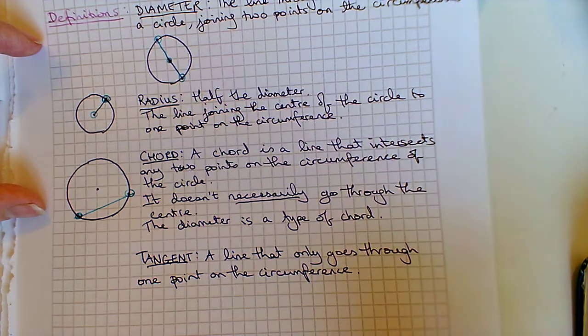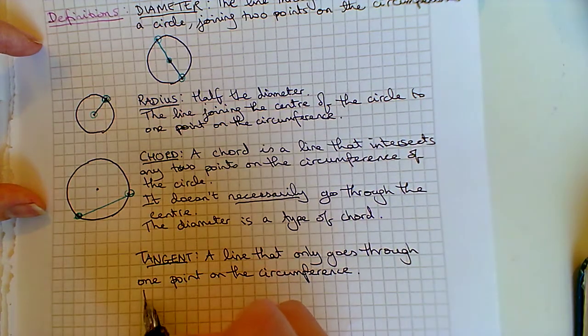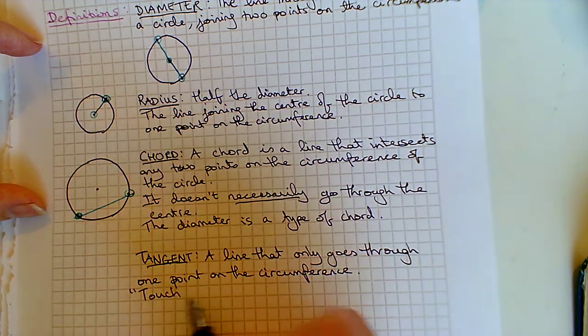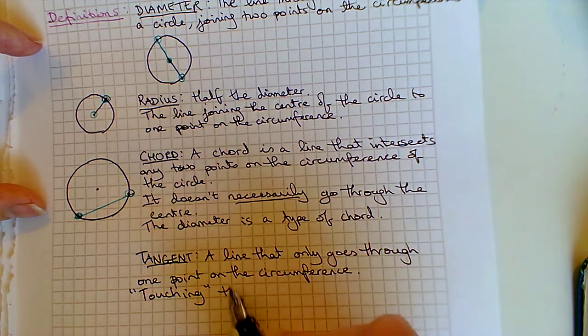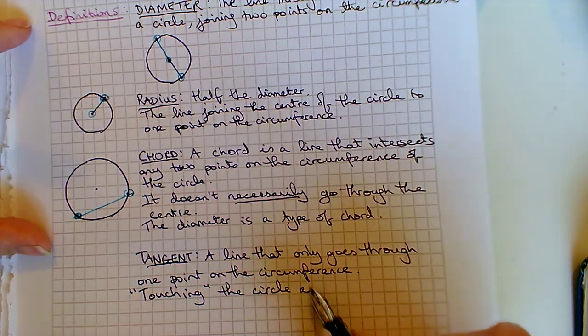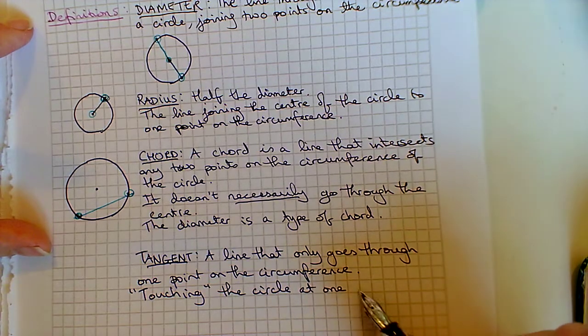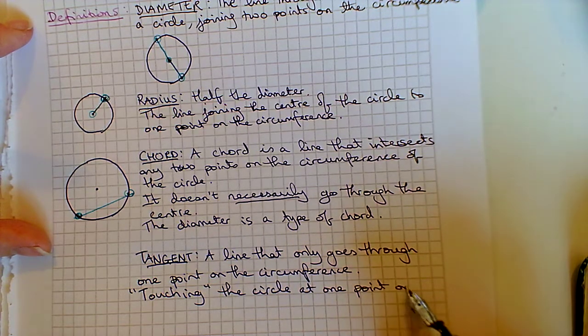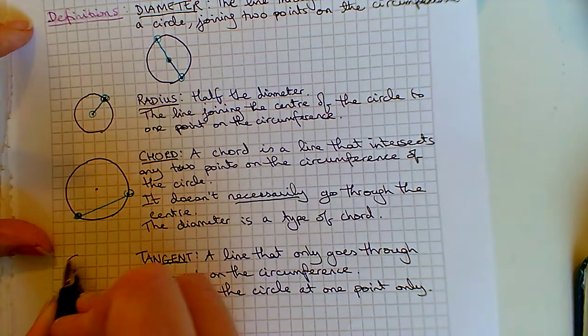So we think of a tangent as touching the circle, touching the circle at one point only. Now, and it looks a bit like this.